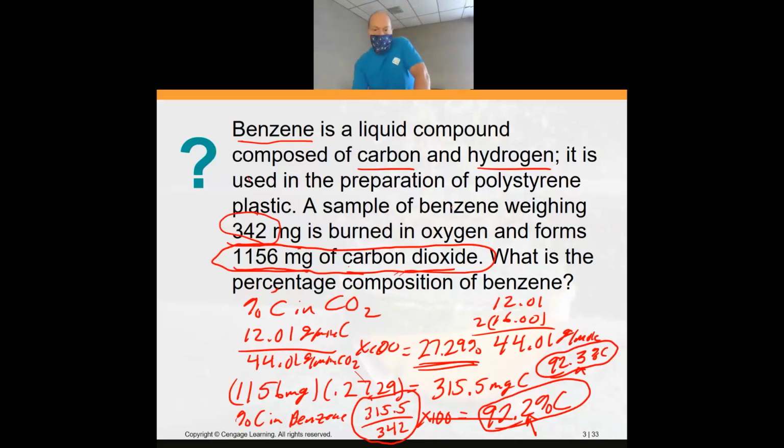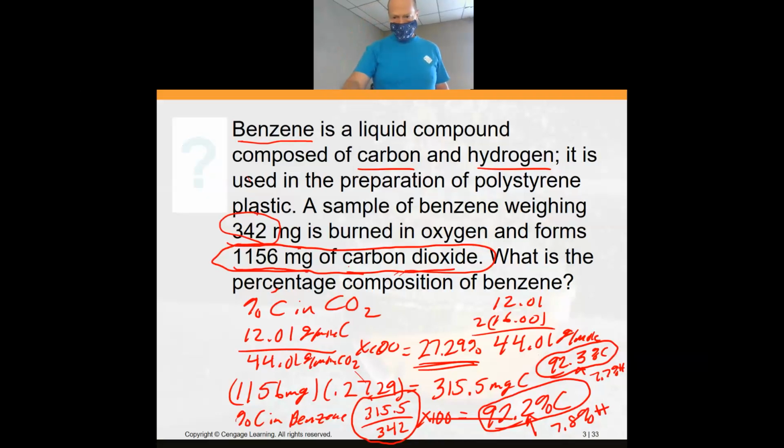All right? So the percent carbon, if it's 92.2% carbon, then we have 7.8% hydrogen. If it's over here, you got 7.7% hydrogen. All right, because we know that it states that it only contains carbon and hydrogen. So those two numbers have to add up to 100%.